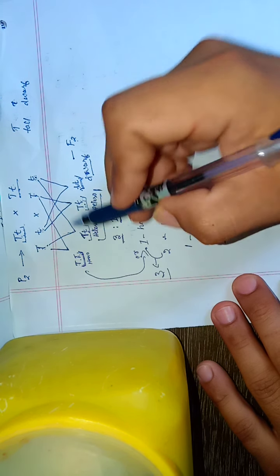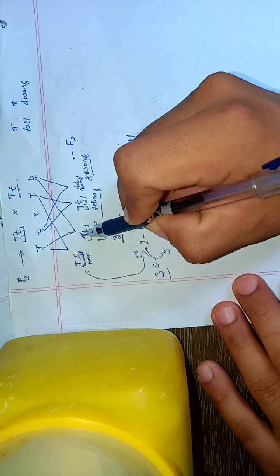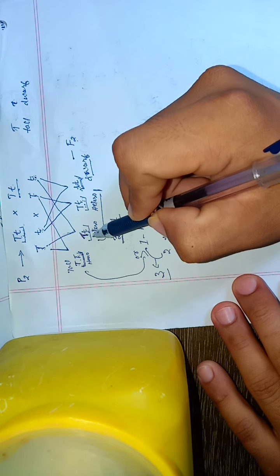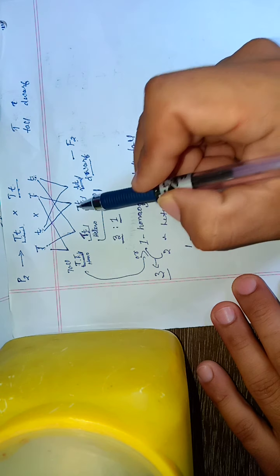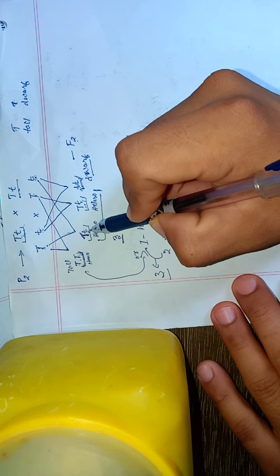Homo means same. Here capital T and small t, this will also become tall because capital T will dominate over the small t, but in this case it will be heterozygous tall. Here also it will be heterozygous tall. Here it will be dwarf.